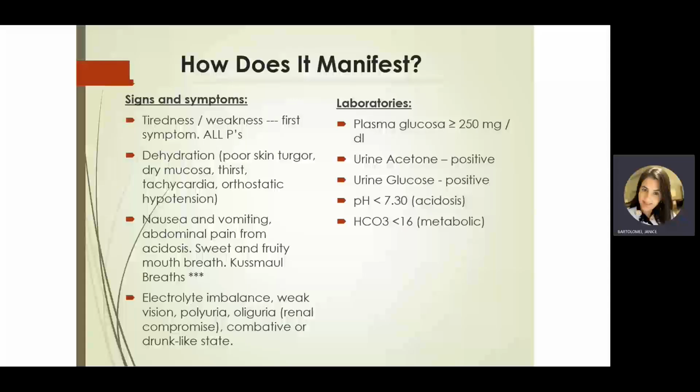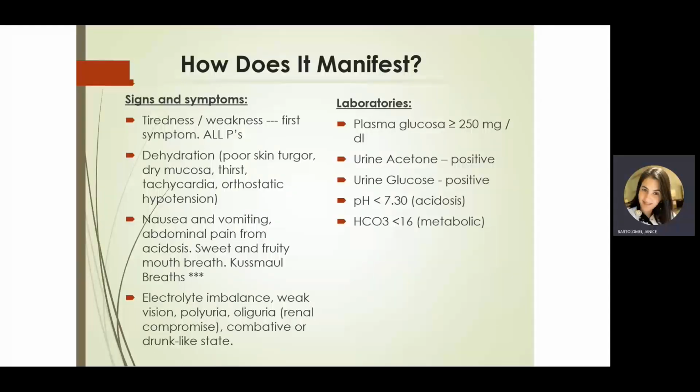So let's look at the signs and symptoms. Usually the first sign is that the person feels tired and they just feel like something is wrong. I'm tired, I'm weak. They start urinating more often. They start having lots of thirst and hunger.